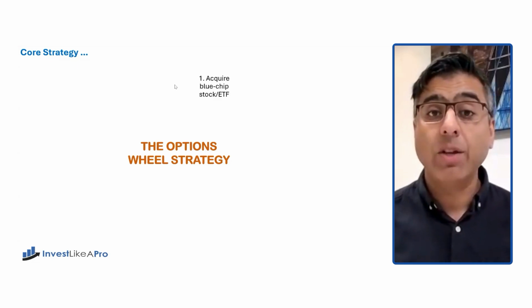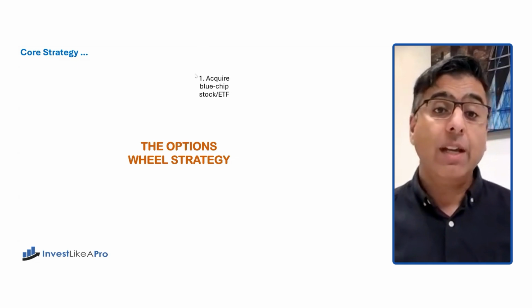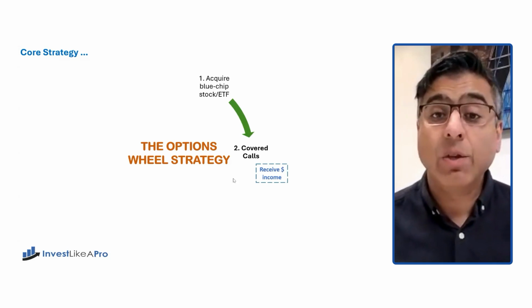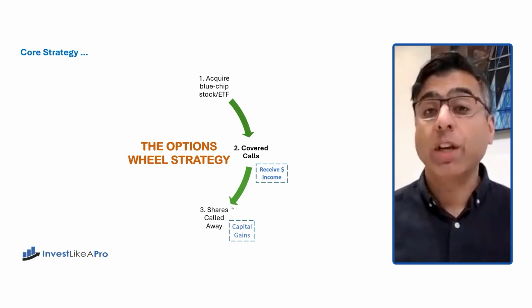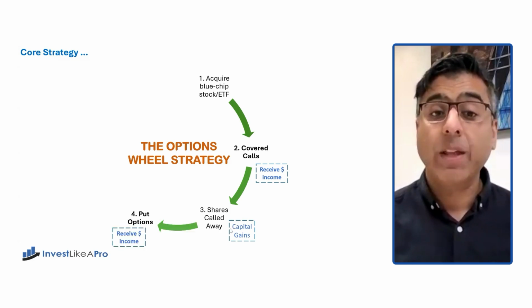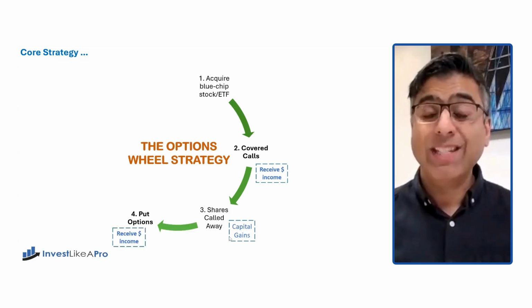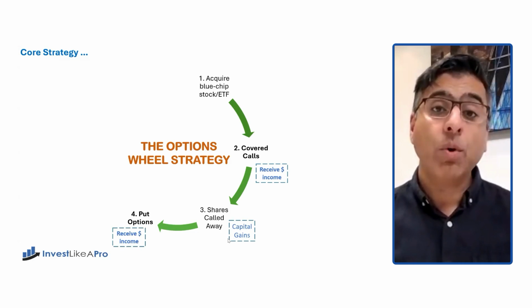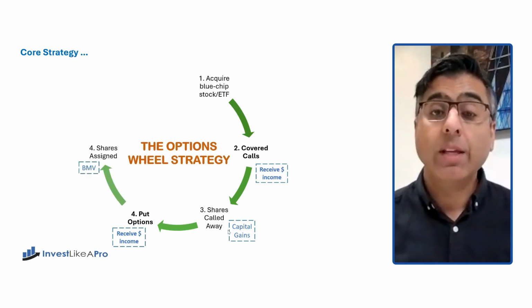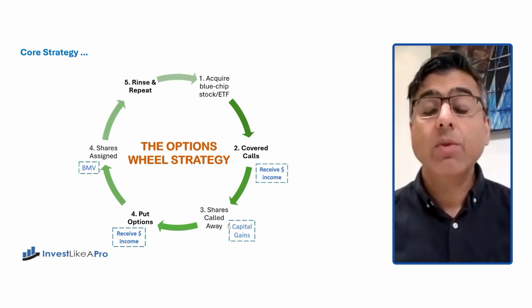Okay, so just to remind you of the wheel strategy, it looks like this. You acquire a blue chip stock and you rent it out, which is covered calls. You receive income for that. Then your shares might get called away, but you get capital gains for doing that. And then you go back and seek to acquire more blue chip stocks by selling a put option. Then your shares might get assigned, and then you rinse and repeat.